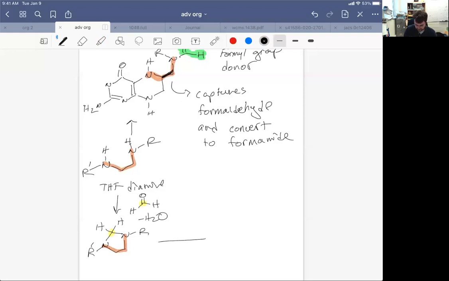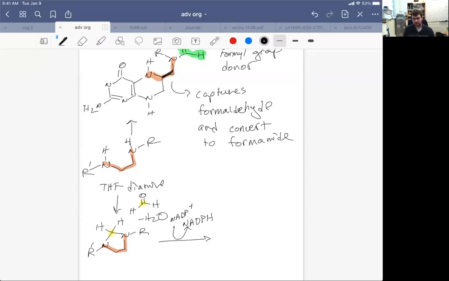Okay. So what you can do at this point is react this with NADP plus to form NADPH, and that's an oxidation event.